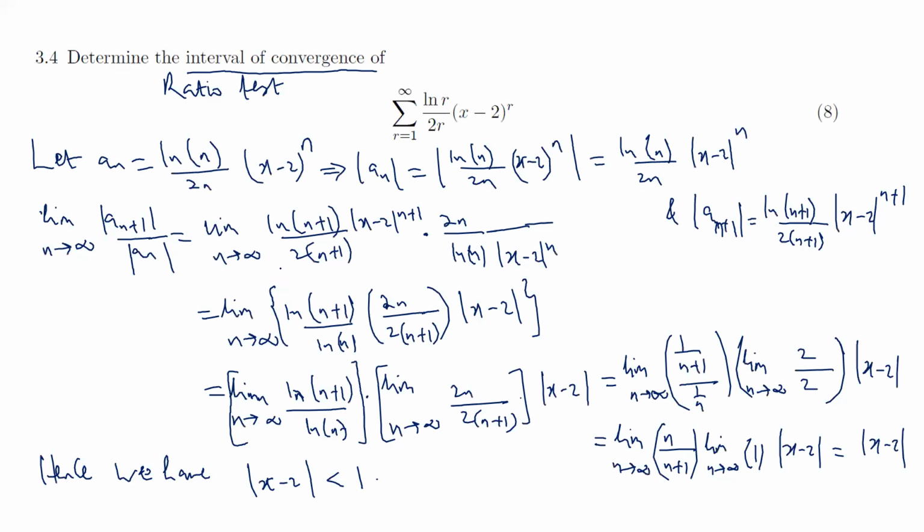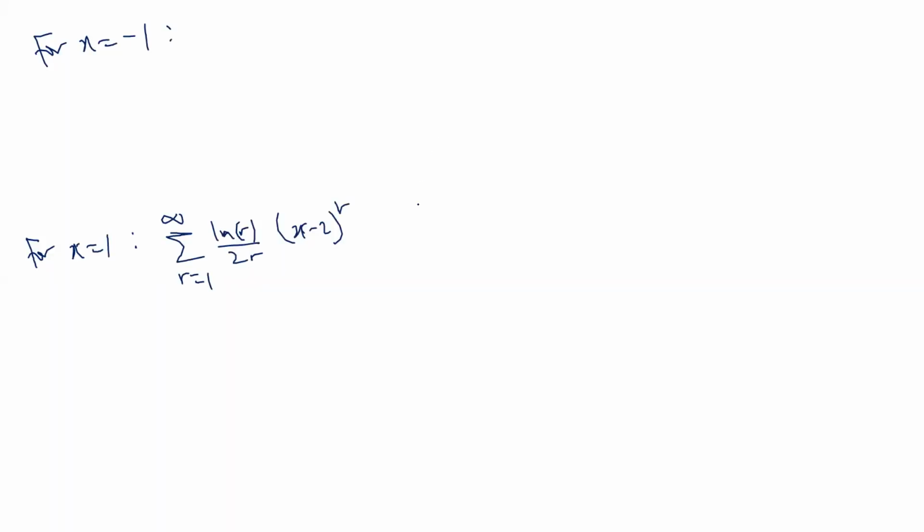The x equal to 1 case means we have the series here, the ln r over twice r times x minus 2 to the power r. They're both alternating, and this one is also alternating.